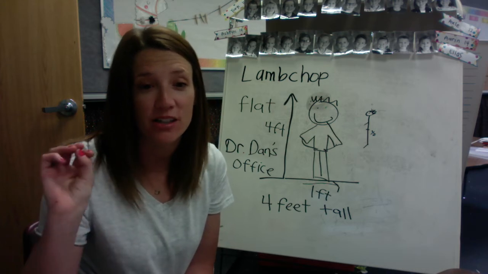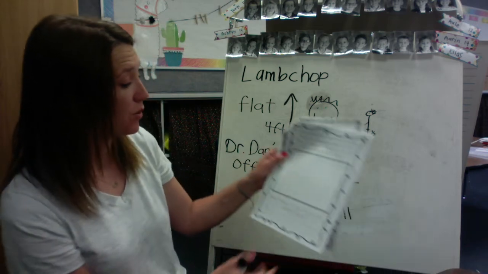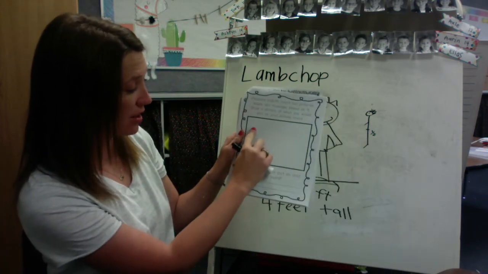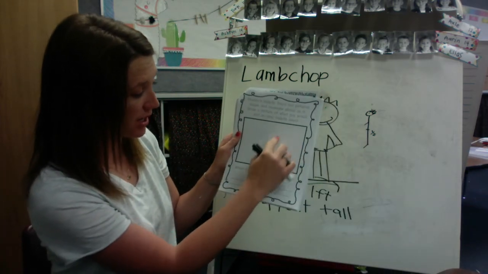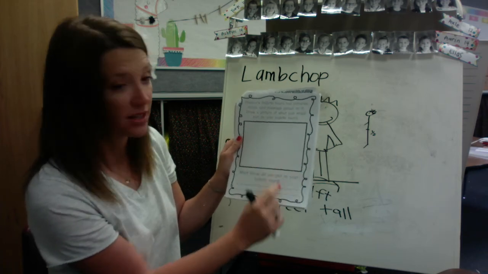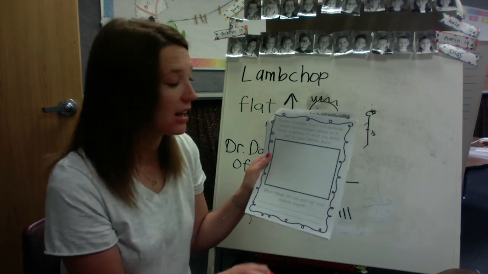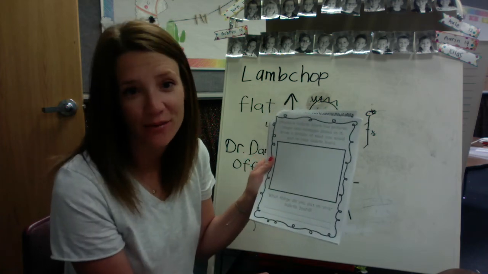And I put pictures of my family on it. So on my board, I could draw a calendar. I could draw some pictures. And then maybe I could put reminders like orthodontist appointment or dentist appointment. And I always like to write on it too, things that I have to remember.